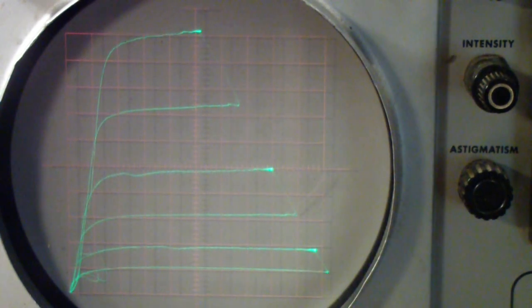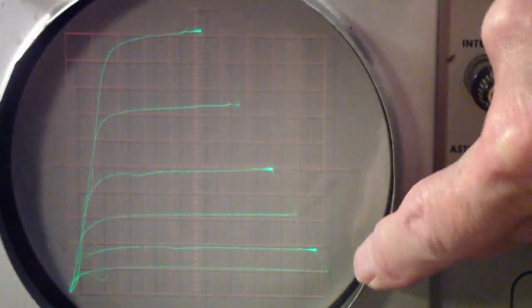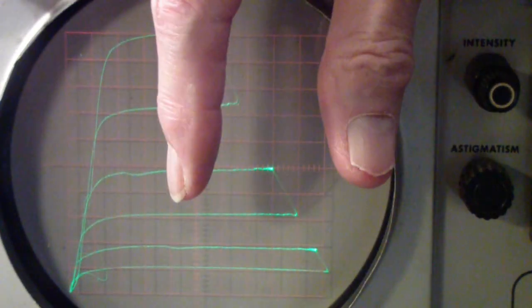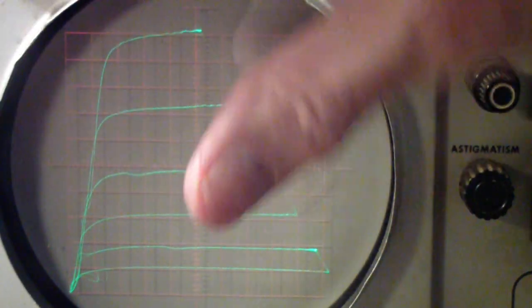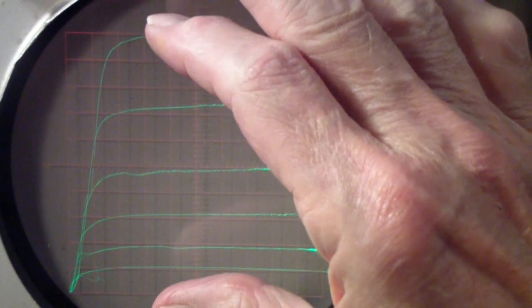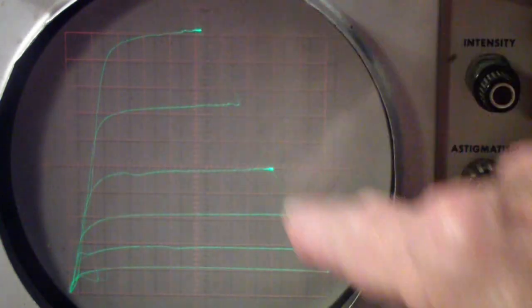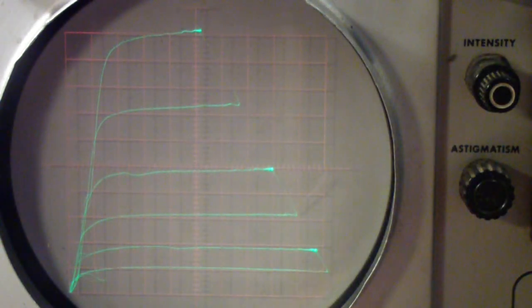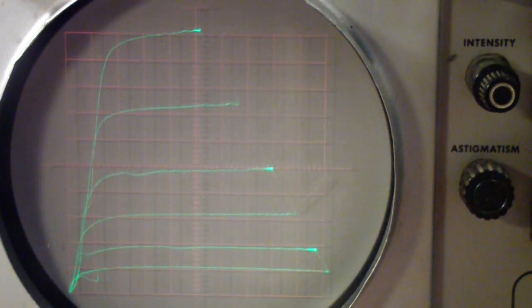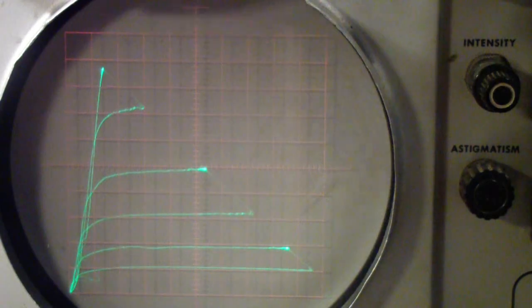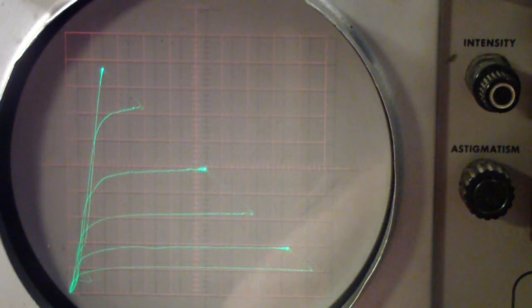So we divide the 80 volt difference this way by the 8 milliamperes this way, and that is how we got the value of the series resistor. In other words, this can vary. Let me go to a 5K resistor. There you'll notice that the slope is much taller. Let me go to a 20K resistor, and you see the slope is much further over.